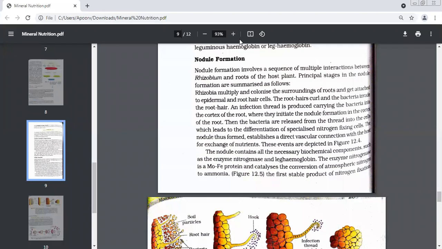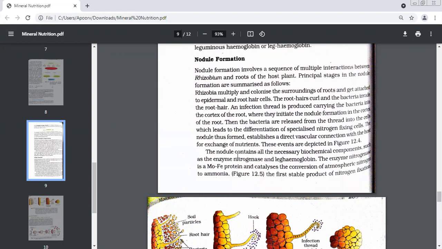Why do we see that when we cut a nodule, it appears to be pink or red? Because of the presence of leg hemoglobin. Very good. What is the full form of leg hemoglobin? Leguminous hemoglobin. Okay. Nodules contain two very important enzymes also.